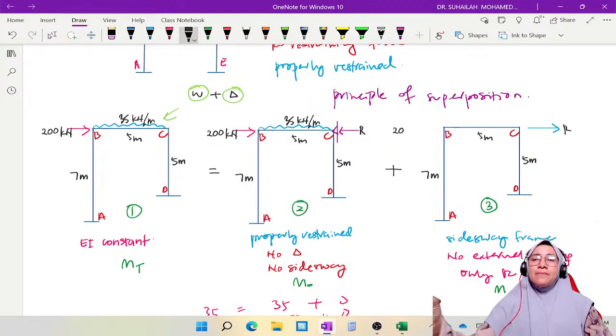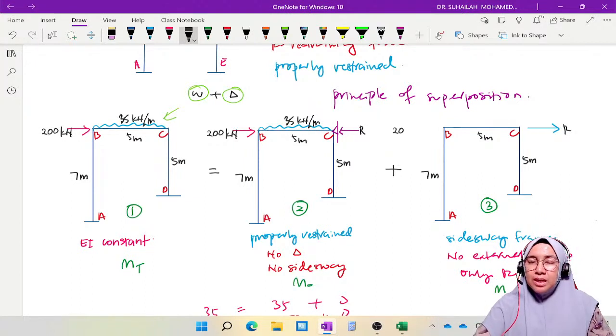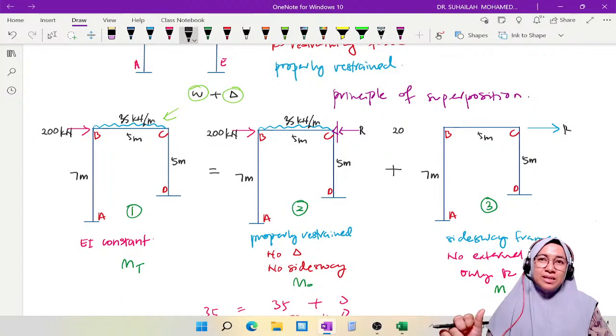So what we will do in table number 2, because we have to analyze this question using two tables: table number 1 for the non-side sway frame, and table number 2 for the side sway frame. For the non-side sway frame, table number 1, considering diagram number 2, it is direct, which means we can calculate FEM using the values given in the question.